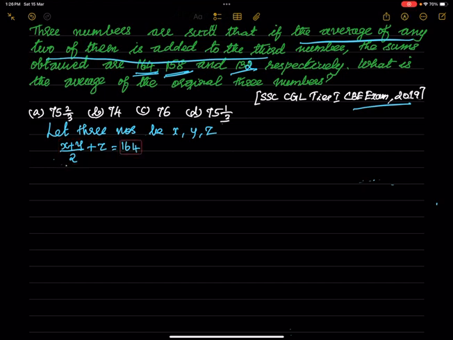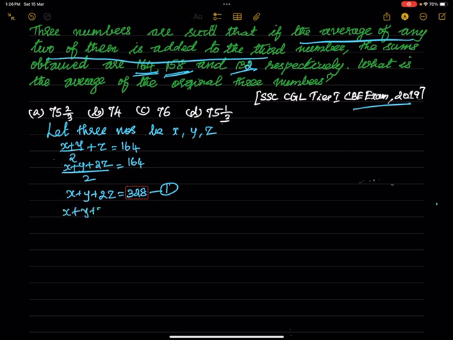Next, I am taking LCM 2, then doing cross multiplication. So what will I get? x plus y plus 2z is equal to 328. First equation. Similarly, I am constructing the second equation.